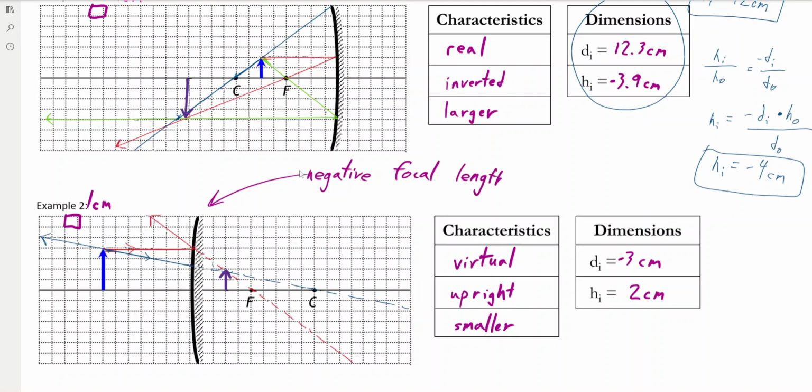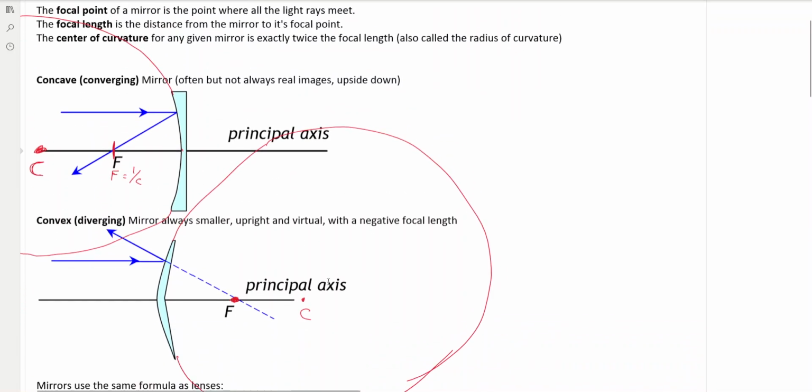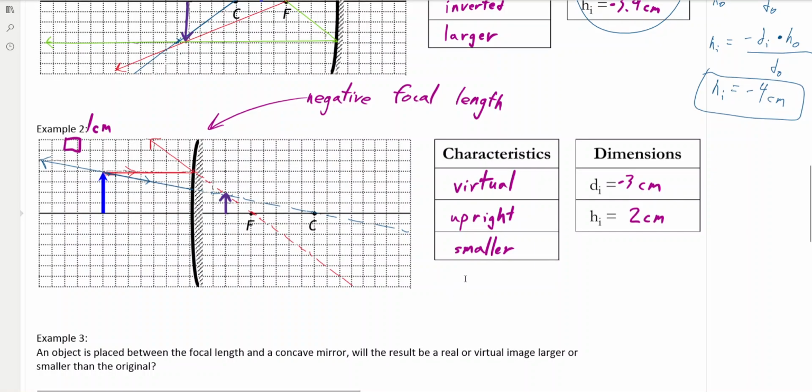As we talked about previously. So up here, it says that convex mirrors or any diverging mirrors or lenses always have a smaller, upright, and virtual image with a negative focal length. That's always the case for a diverging mirror or lens. So that's what we're seeing here. And because that has a negative focal length, we must have a negative dI to account for that.